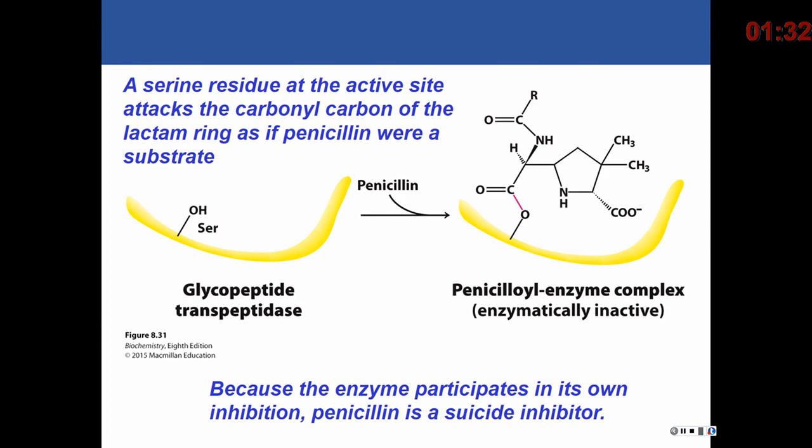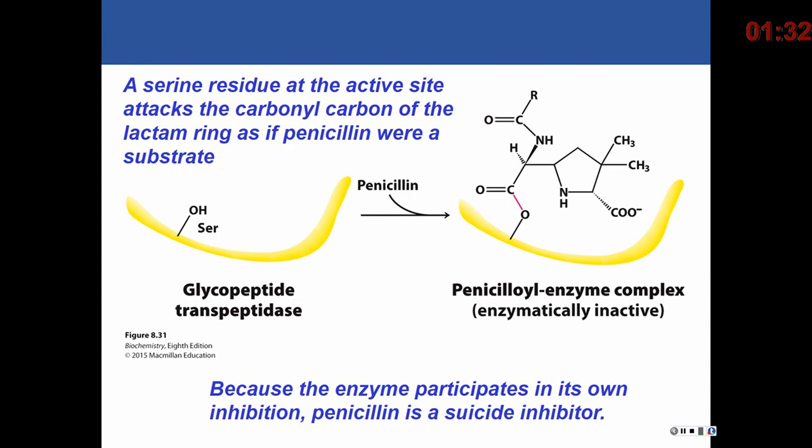Because the enzyme is going to change and it participates in its own inhibition. So the serine residue that sits right here in this active site, you've got this catalytic triad here, right? And serine is going to sit here in the center. It attacks the carbonyl carbon of the lactam ring. So this is your lactam ring, and it's breaking that apart, and it attaches right here.